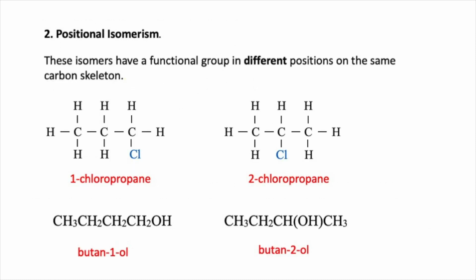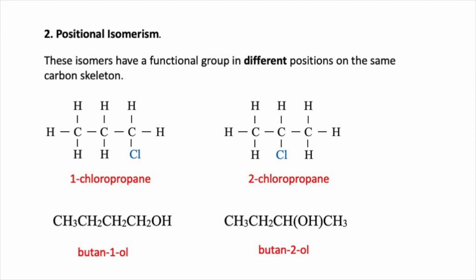So now let's look at the second type of structural isomerism, and this is called positional isomerism. Positional isomers are where you have a functional group in different positions on the same carbon chain or skeleton.